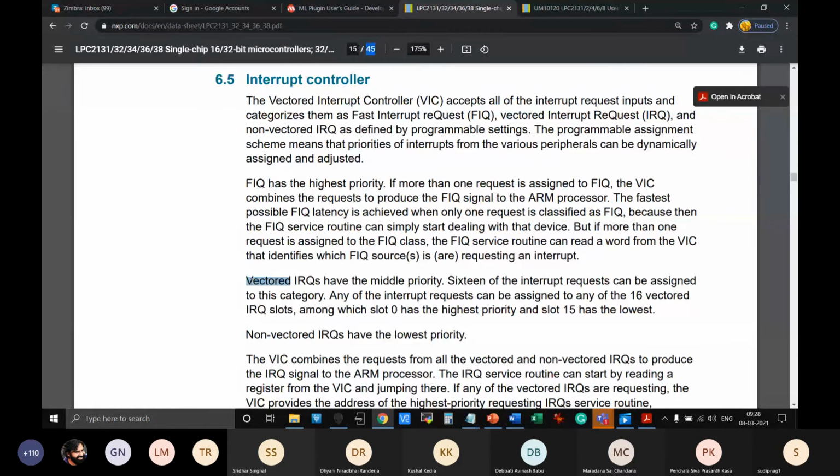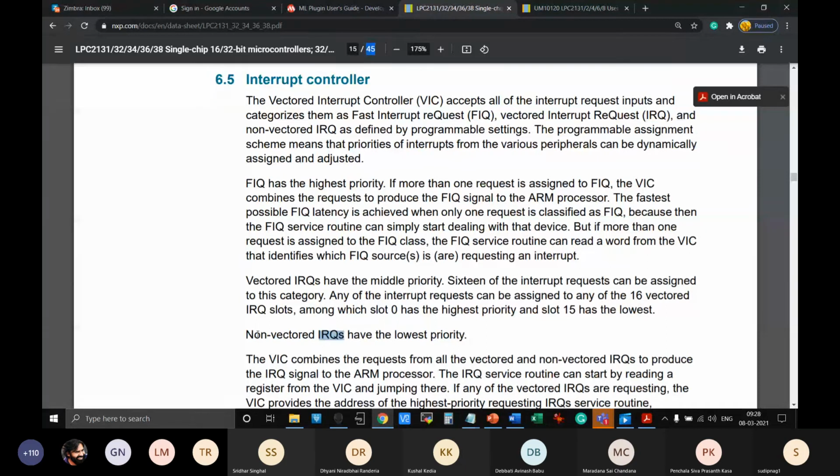That means if the interrupt comes, some status will be generated within the microcontroller, but it will not jump directly to some memory location, so the memory location is not defined. That is a non-vectored interrupt. Whenever a non-vectored interrupt comes, it has to wait a longer period of time if other interrupts are coming simultaneously.